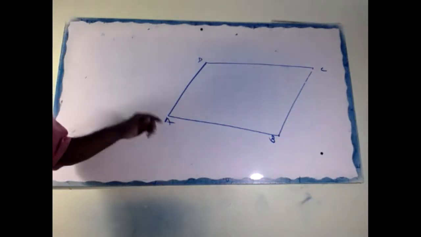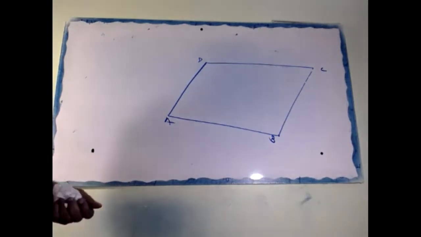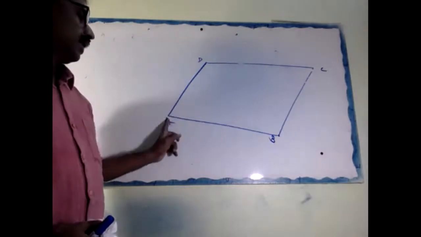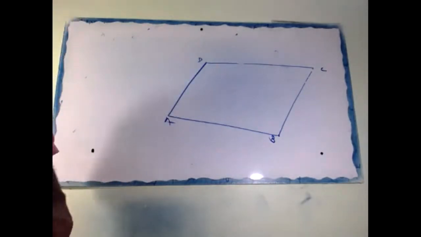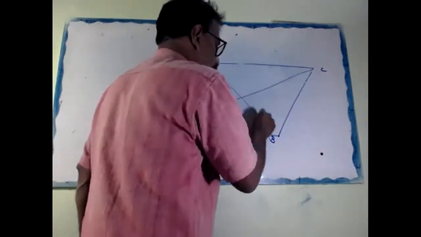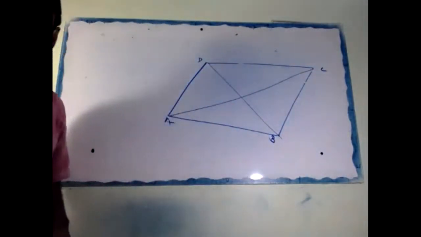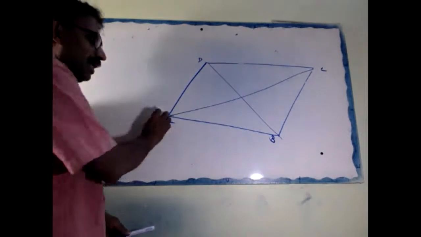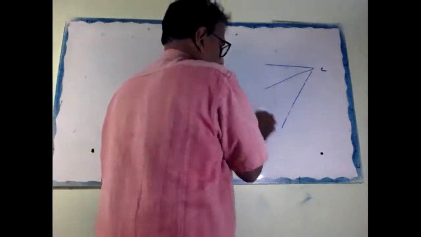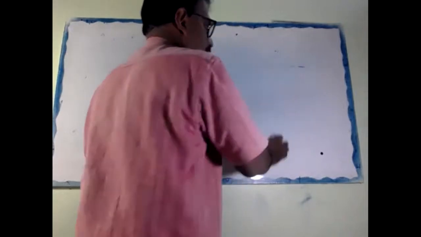Adjacent sides have a common vertex. Opposite sides have no common vertex, like AB and CD, AD and BC. And two diagonals, AC and BD, are called diagonals. Then after that, we learn different types of quadrilaterals.